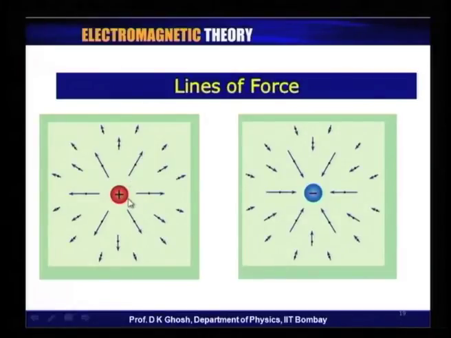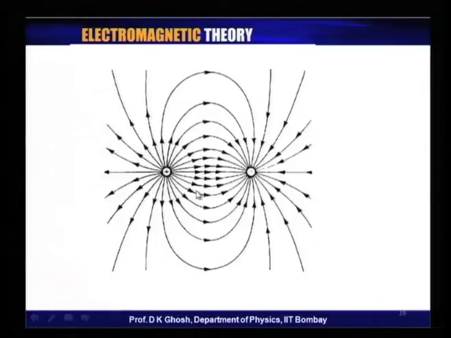Now, clearly, since it is a point charge, I expect a perfect symmetry between the forces. So, this is the way the electric lines of force, the vector field, looks like for a positive charge. Reverse is the situation for the negative charge, because they should all point towards the charge. What happens if I have a positive charge and a negative charge?